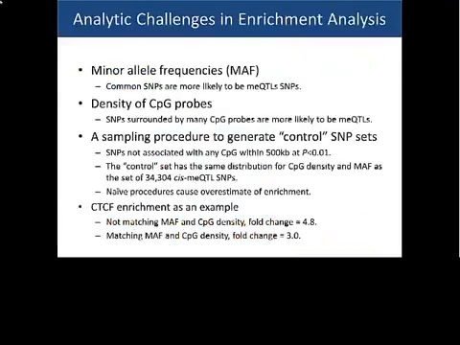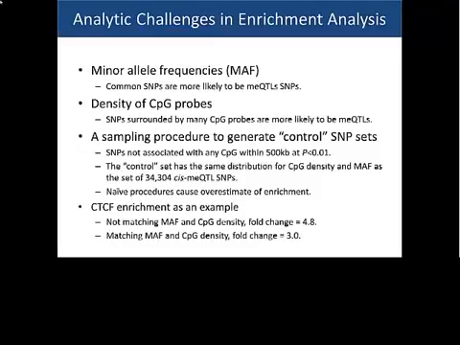First of all, we found that common SNPs are more likely to be methylation QTL SNPs. Secondly, we found that SNPs surrounded by many CpG probes are more likely to be methylation QTL SNPs. These two factors, without being accounted for, could generate substantial bias or overestimation.